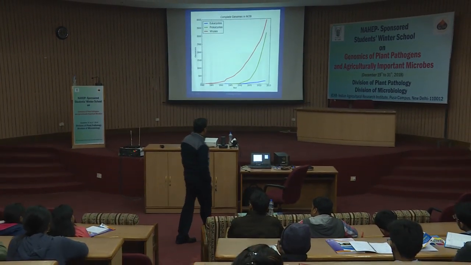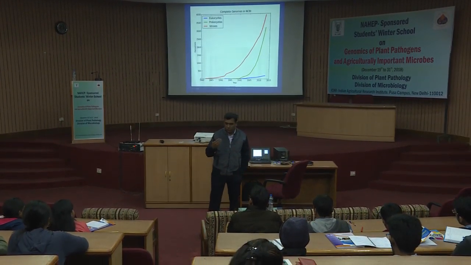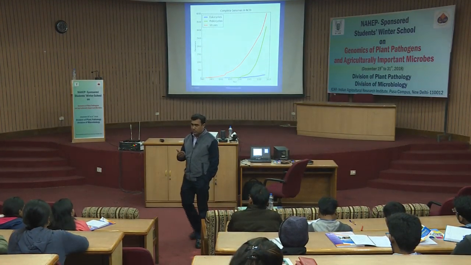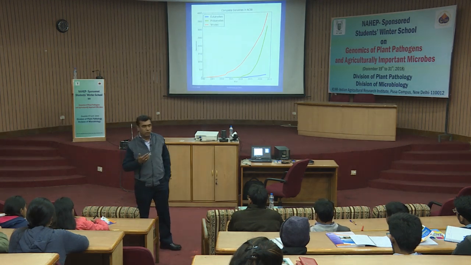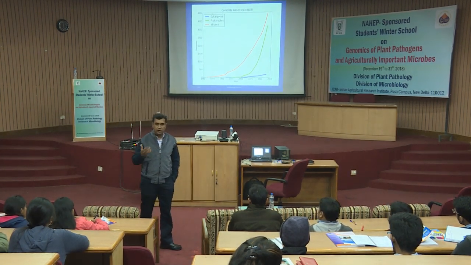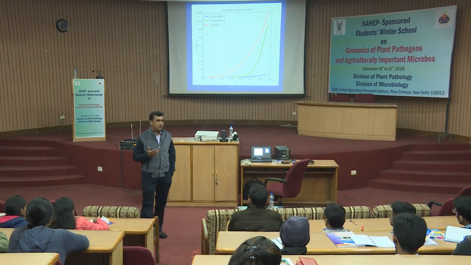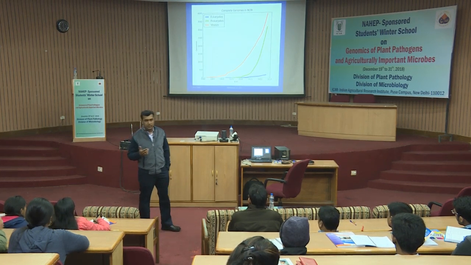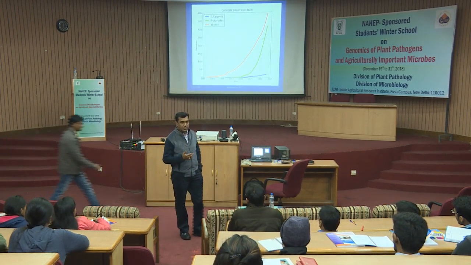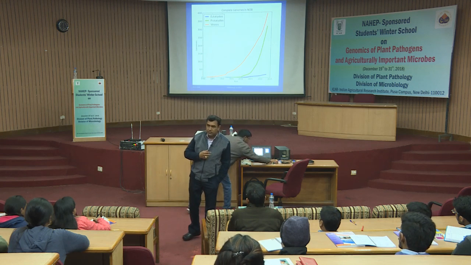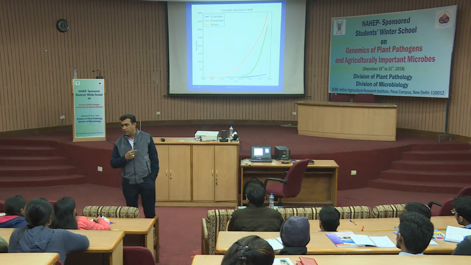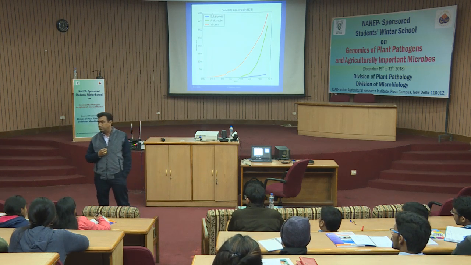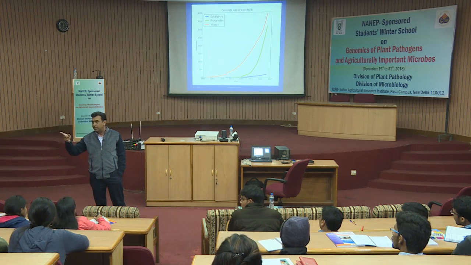Now, before that I wanted to know, what do you understand by a genome? Anybody? What does genome ring to you? One by one, please. Anybody else would like to correct him? Say it again. Haploid content?